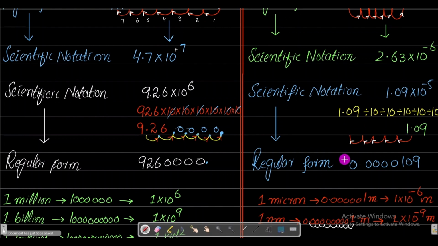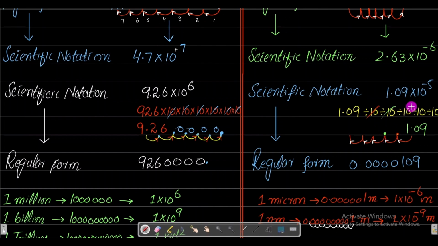So I will take this number 1.09, okay? If we divide this by the first 10, it will take this first step and reach here. Now if we divide this by the second 10, it will again take another step.